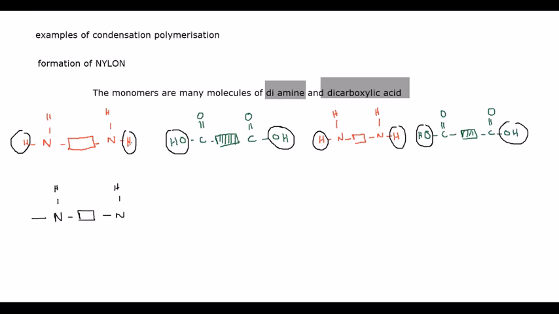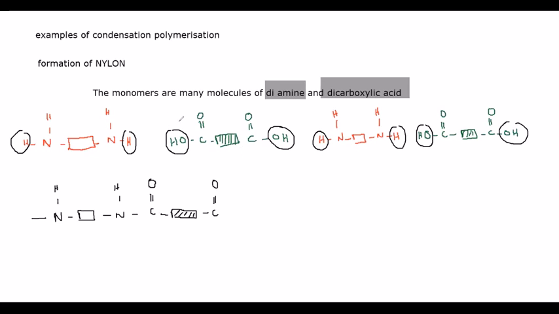So if I remove this H and OH, this will be C double bonded with O. Then this box is there, then C double bonded with O. Here OH and H are removed, hydroxide and hydrogen are removed. So what are you left with? Carbon and nitrogen bond.